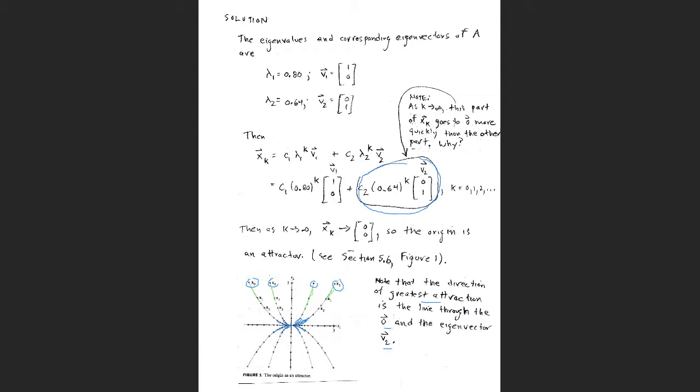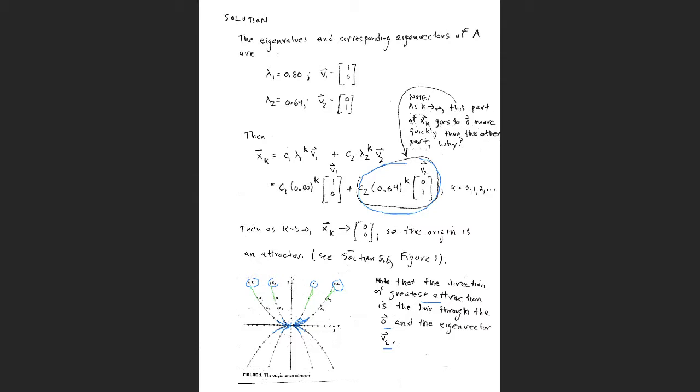Do the paths look more vertical or more horizontal when you start off from the initial condition? The path should look more vertical, right? More vertical. And then as k gets large, they become more horizontal.